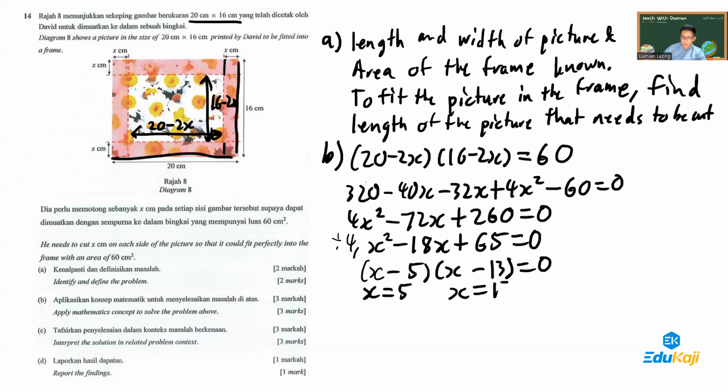So x cannot be 13, because there's no way that here is 13 and here is 13, then this is already 26, which is more than the 16. So it doesn't make sense. So x must be 5.